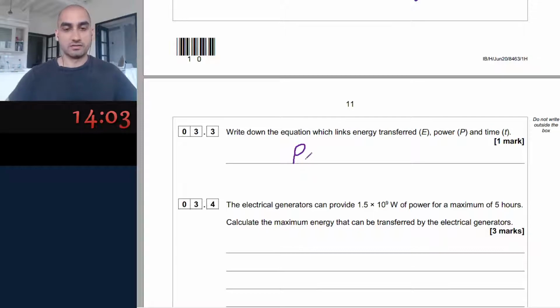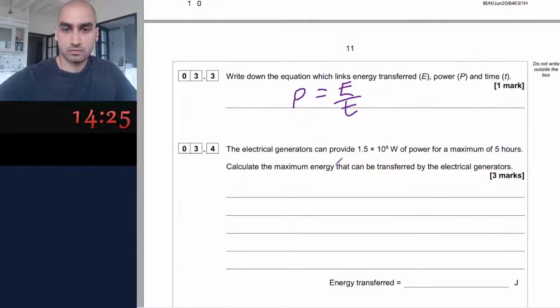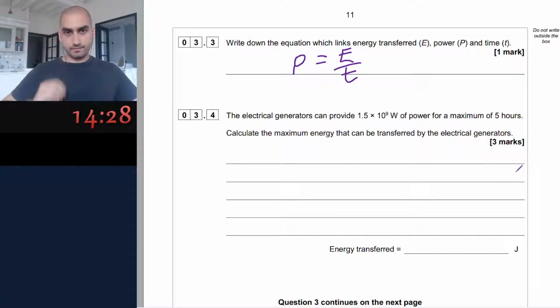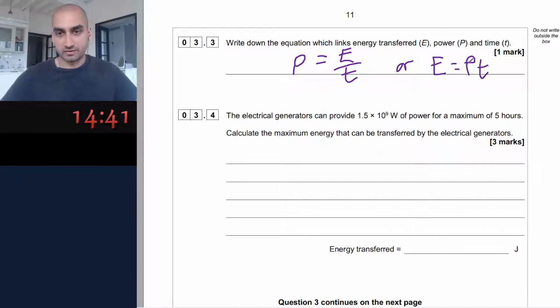And the answer is watt. It's physics humor. So, energy divided by time, or energy equals PT. I don't think it matters which way around.